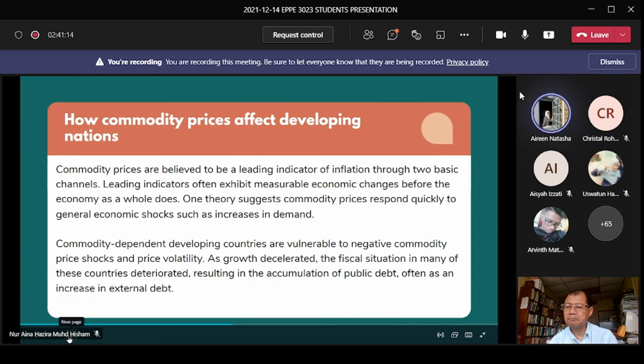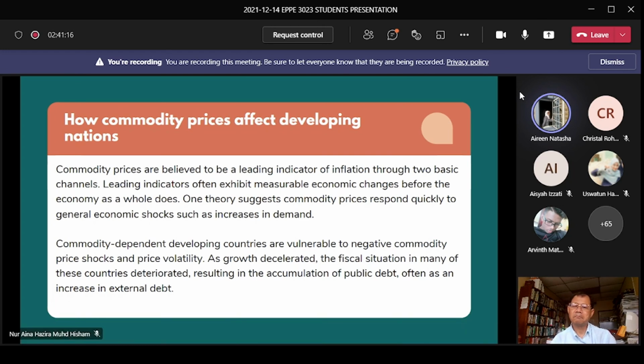Alright, commodity-dependent developing countries are vulnerable to negative commodity price shocks and price volatility. As growth decelerated, the fiscal situation in many of these countries deteriorated, resulting in the accumulation of public debt, often as an increase in external debt. Okay, next.